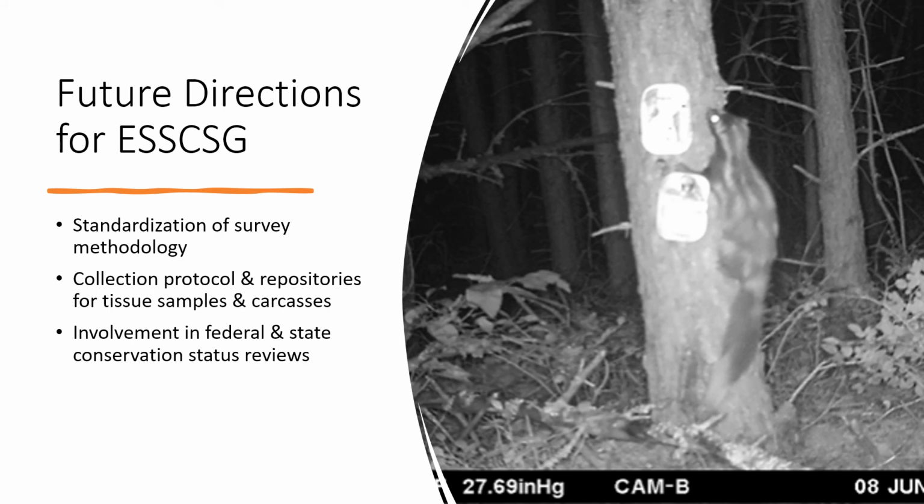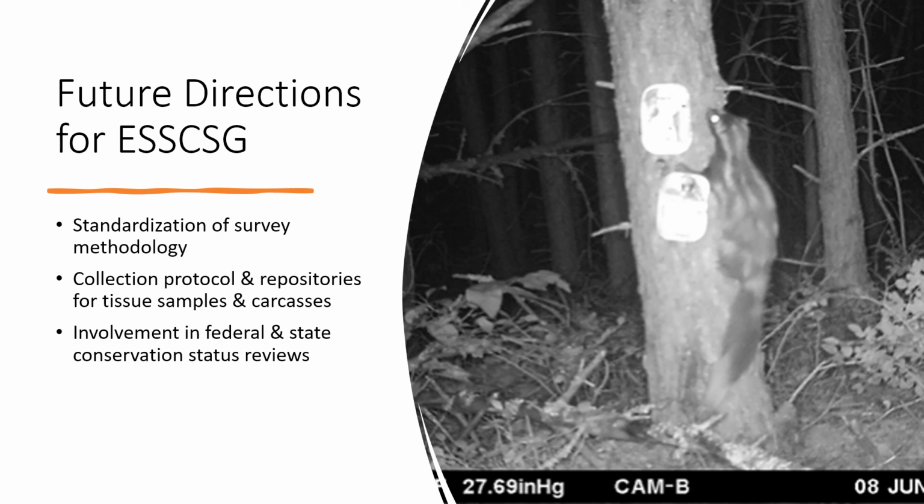As far as our future directions, well, that's going to be up to a new chair coming up in 2022. Certainly there's things that we still have talked about working on that we haven't quite got to yet. One is standardization of survey methodology. We've got lots of things going on in different states, different techniques, different cameras, different bait, and so we'd ideally like to do more rigorous testing of those protocols and see if we can come up with something that's more standardized.